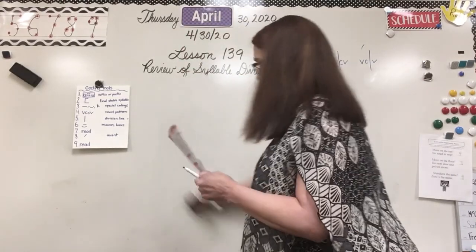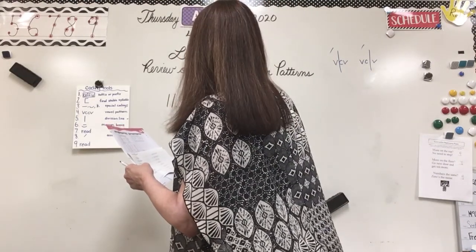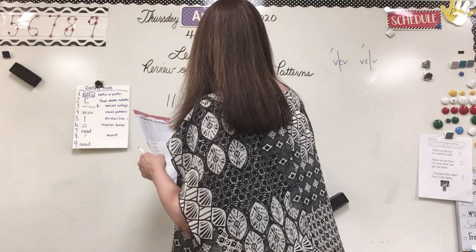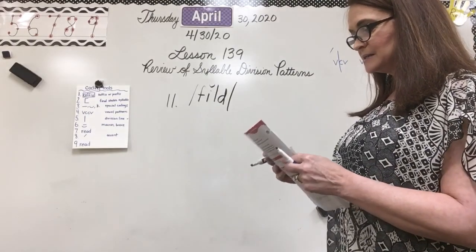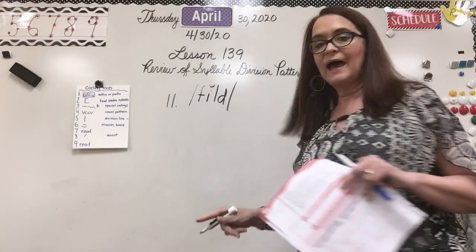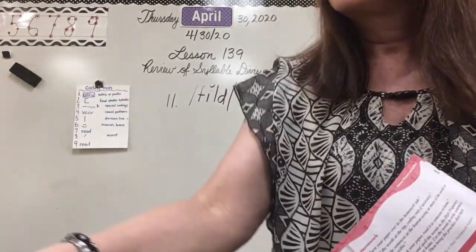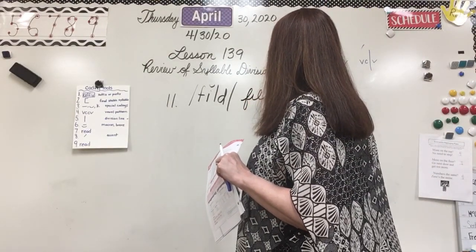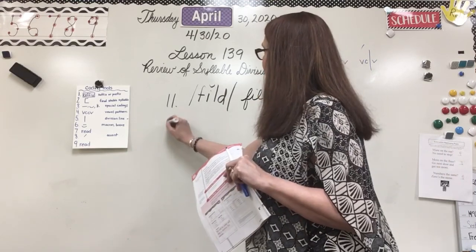Number 11. Filled. Now this is as in I filled up the bucket with sand. How would you spell this word? Mighty Jane? F-I-L-L, and I add my ED. Good girl.